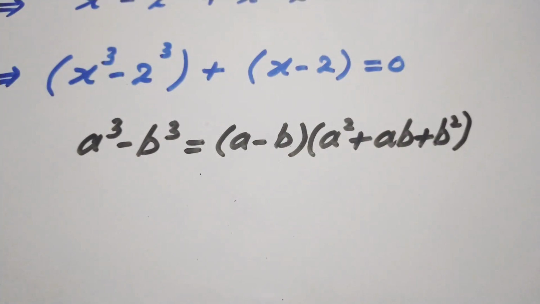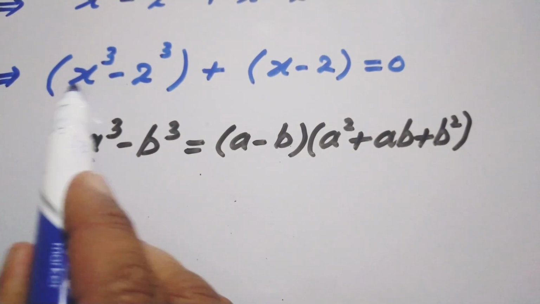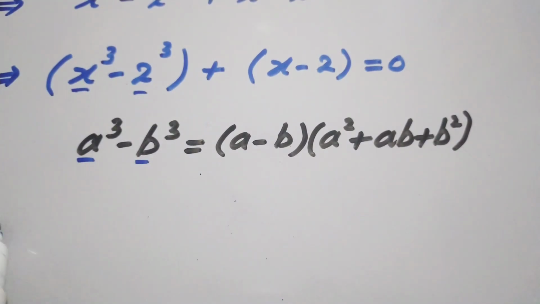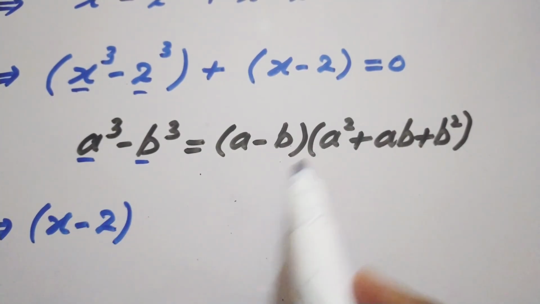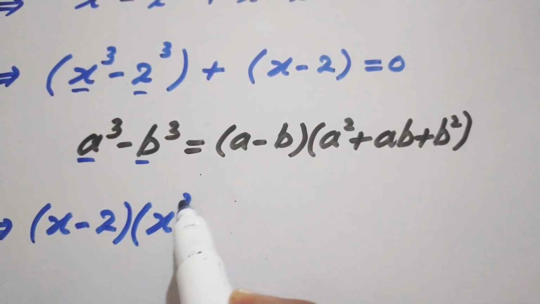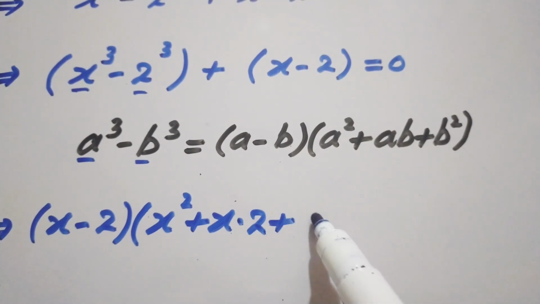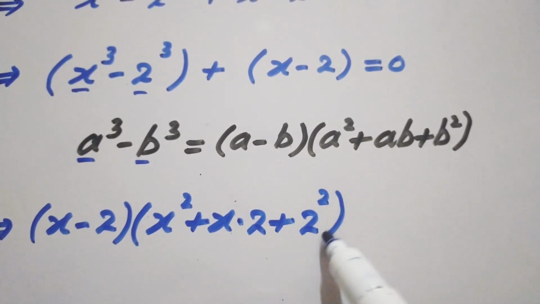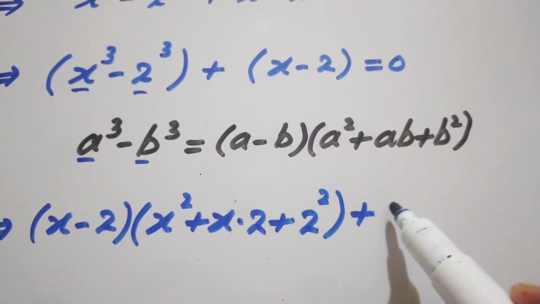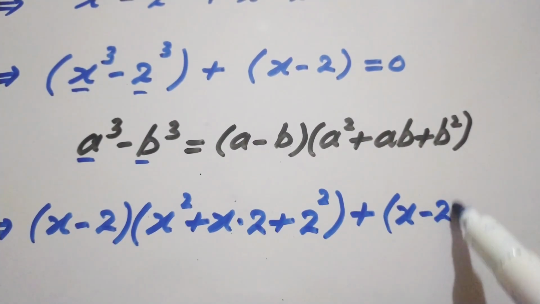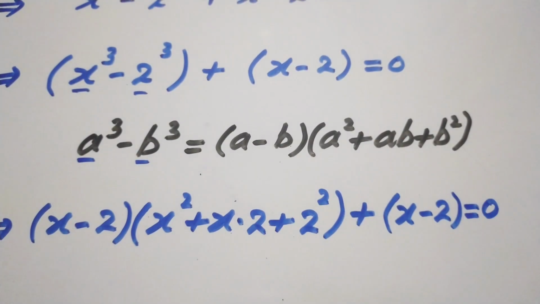Here a is equal to x and b is equal to 2. So now this will become a minus b, which is x minus 2, and a squared, x squared, plus ab, x multiplied by 2, plus b squared, which is 2 squared, plus x minus 2 is equal to 0.